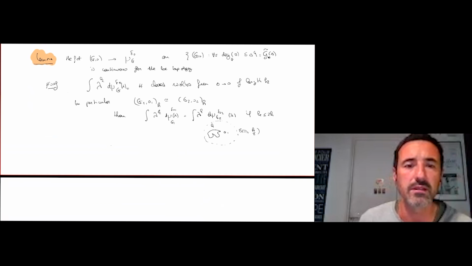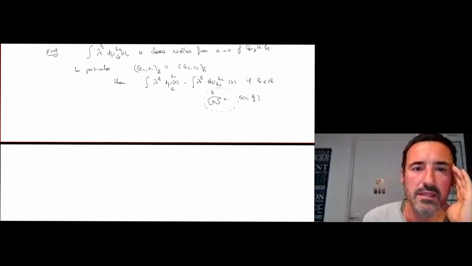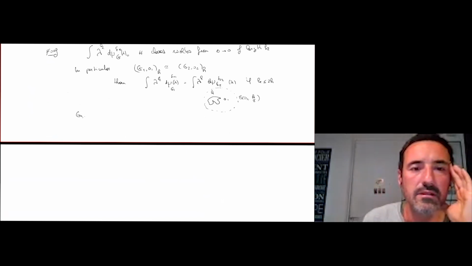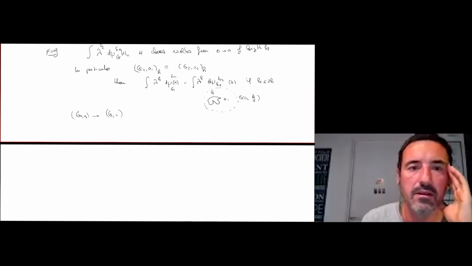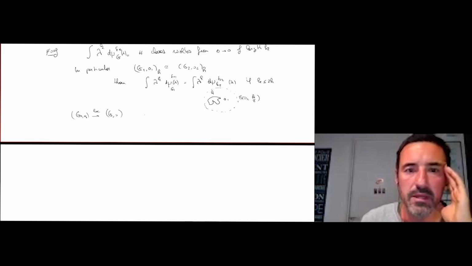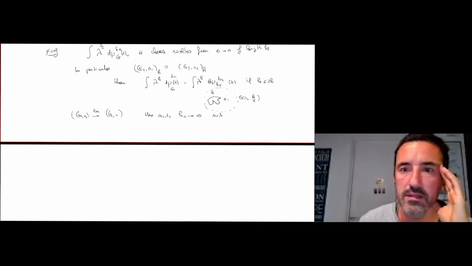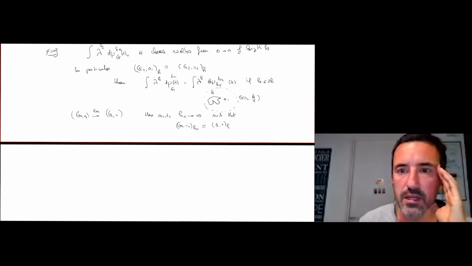Now you can prove the lemma, which is simple. If (Gn, On) converges to (G, O) for the local topology, it's equivalent to say that there is hn going to infinity such that (Gn, On) of depth hn is rooted isomorphic to (G, O) of depth hn.